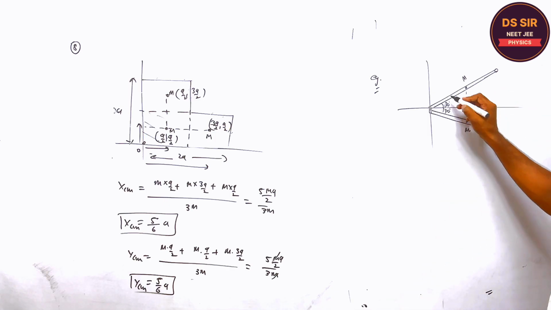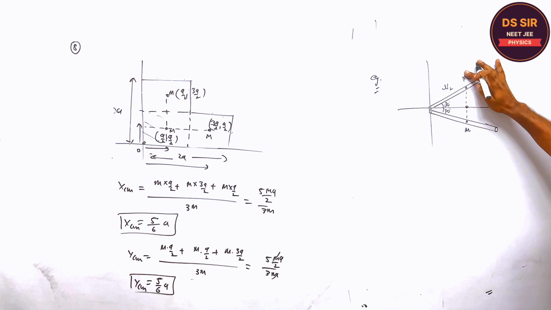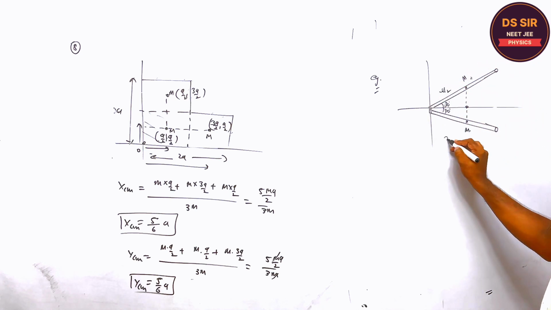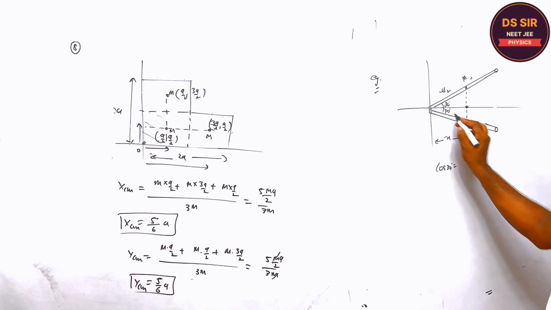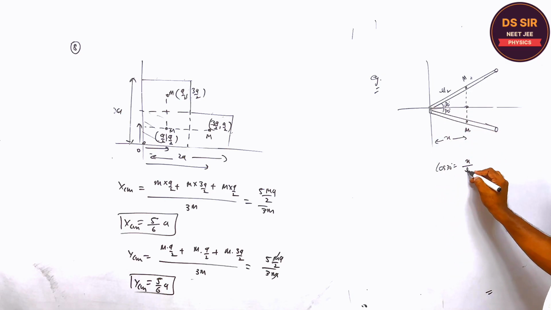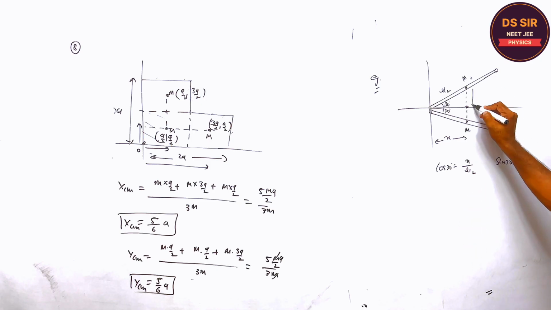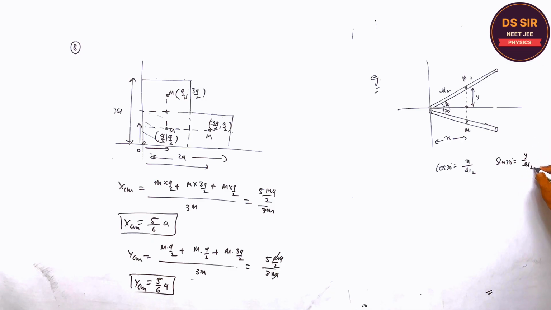So can you write the coordinate x comma y, x1, y1? Yes. If this is L, the length is L by 2. If this is x, then cos 30 is equal to what? Base upon hypotenuse, and sin 30 is equal to y upon hypotenuse. Is it clear or not?